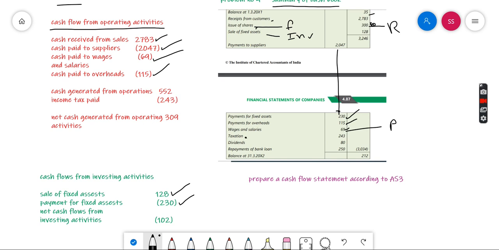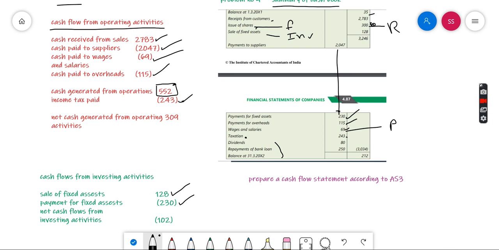Next, taxation. Taxation you will deduct in the last. So first you will do plus or minus on this, and then you will get the cash generated from the operation, 552. There is no other operating activities here, so that's why we can balance this now. From that 552 we will deduct the taxation part, which is 243.